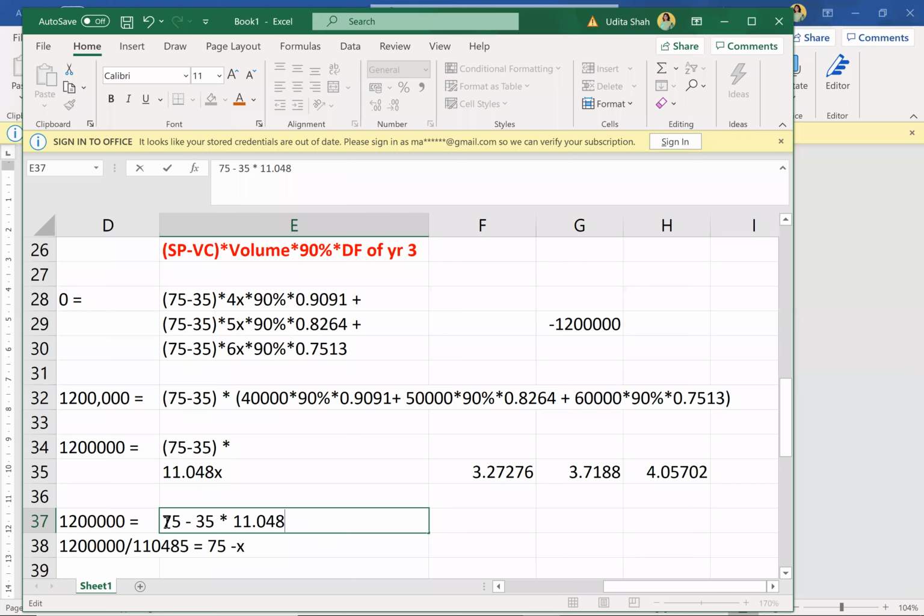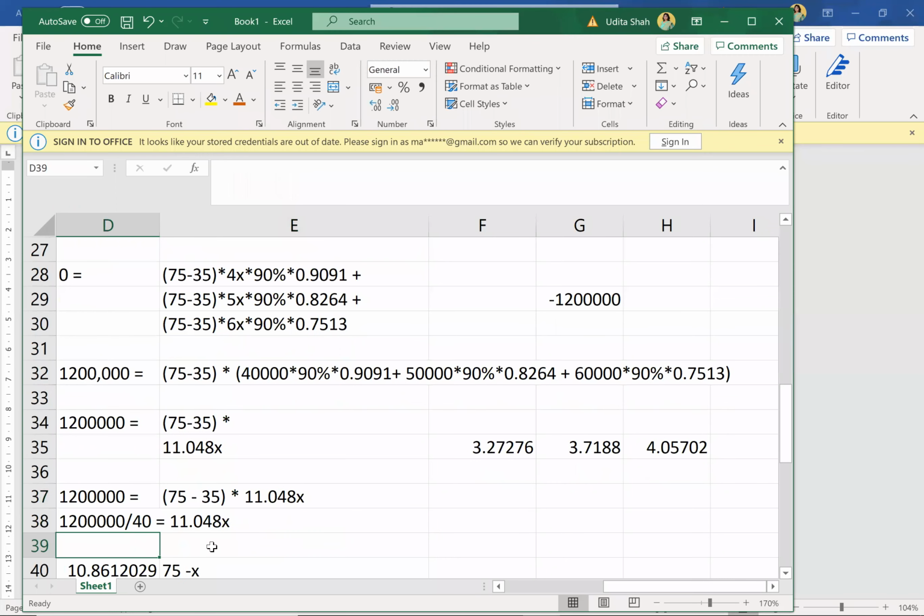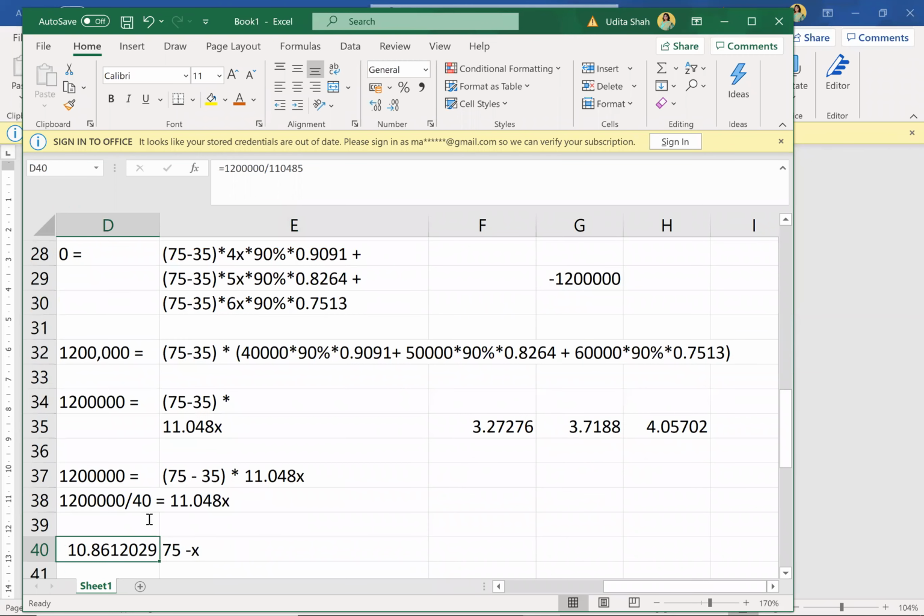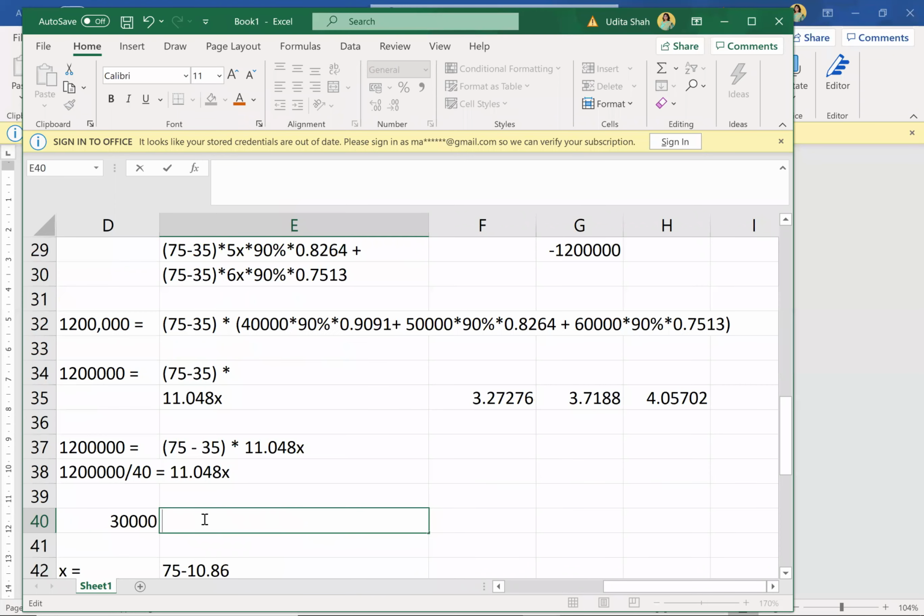So the 40 will go there now. This divided by 40 should be equal to 11.048x. Correct? So 30,000 should be equal to 11.048x.